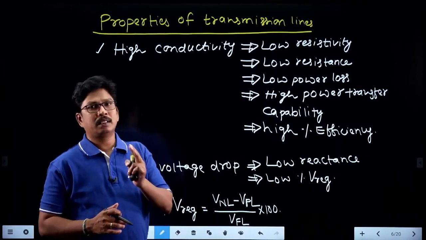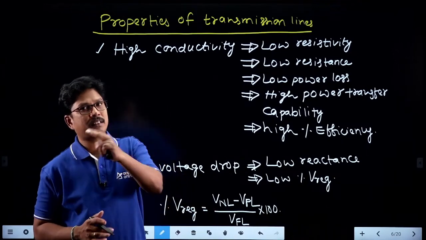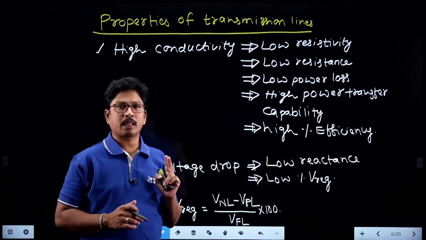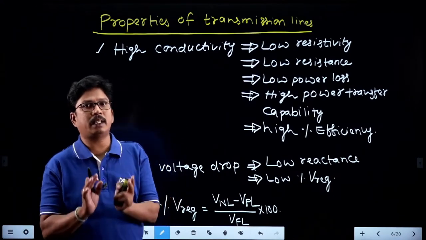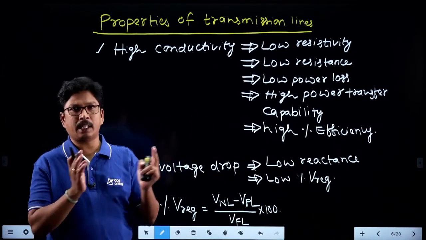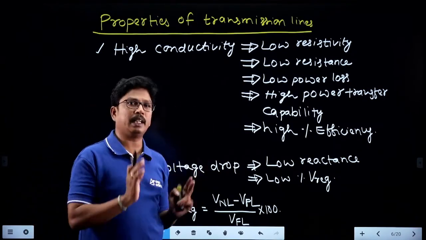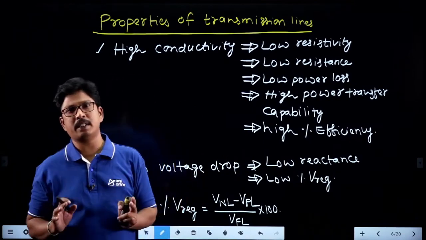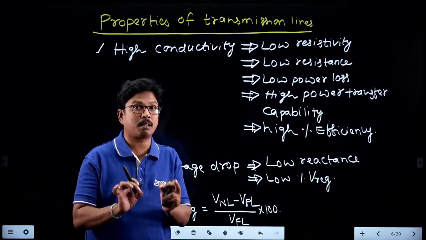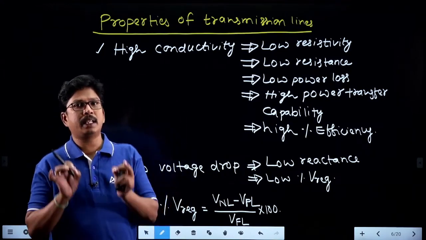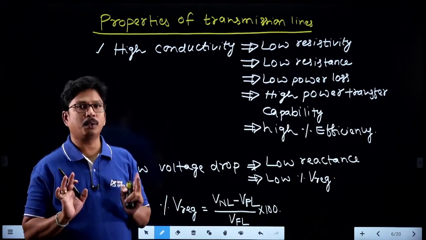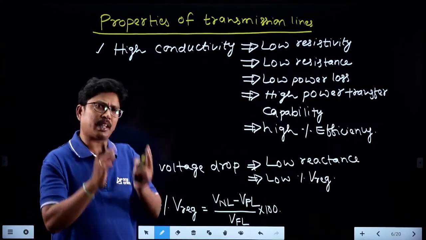But suppose you take a transformer. For a transformer, which voltage do we know? We know the no load voltage. A transformer is always rated for no load voltage. That means 33 kV by 11 kV: the 33 kV is a no load voltage and 11 kV is also a no load voltage. The transformer is the only element always rated for no load voltage ratings, as it is a shunt element.